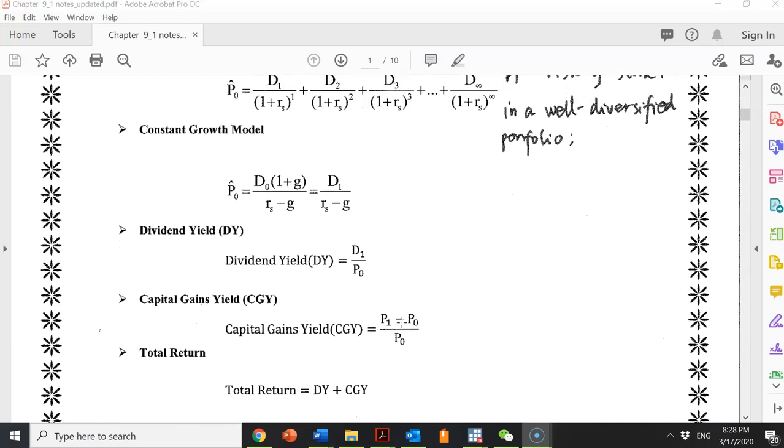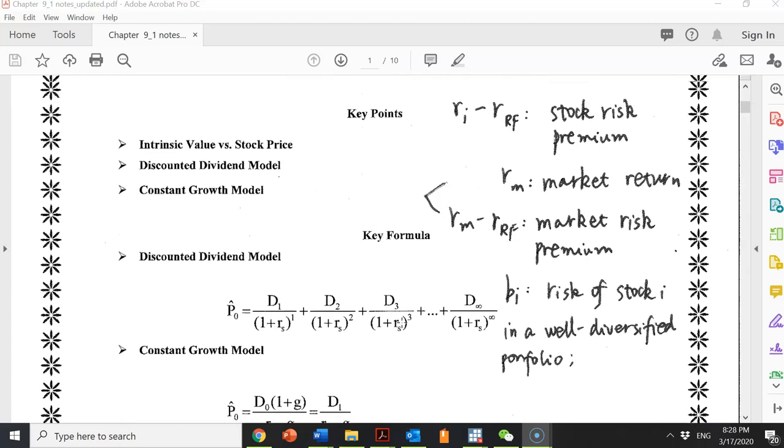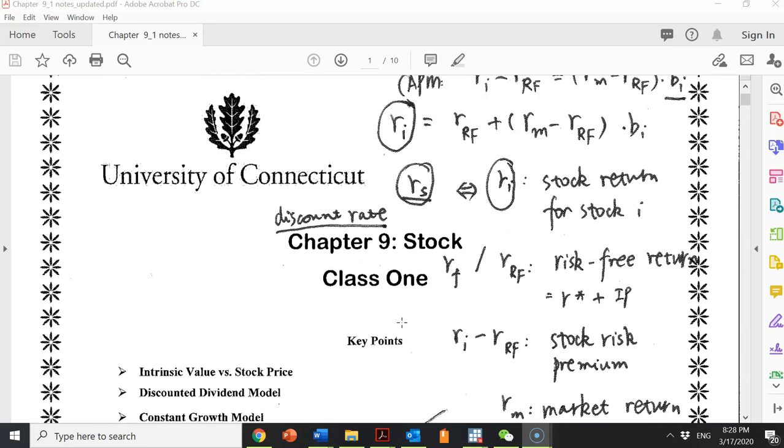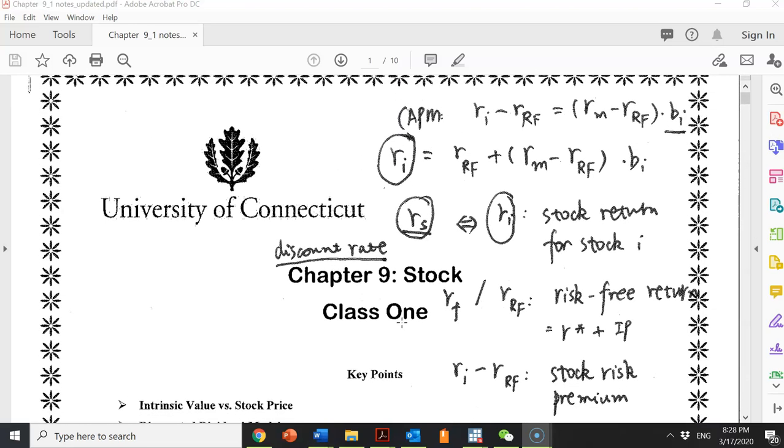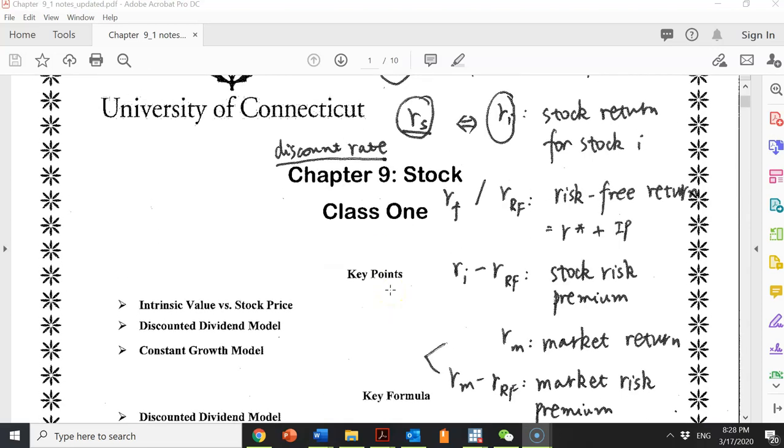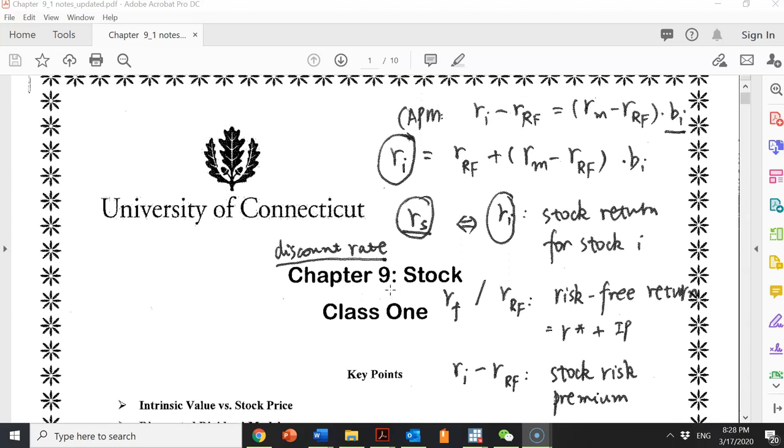Before I go on further talking about these new concepts and models, let me do a small review on what we learned in chapter 8, class 3. In last lecture, we were estimating stock return, RI, by using risk-free rate, RRF, plus market risk premium, RM minus RRF, multiplied by beta.